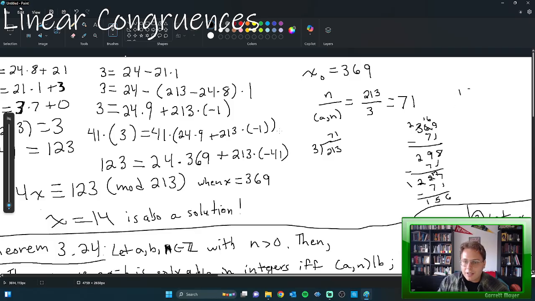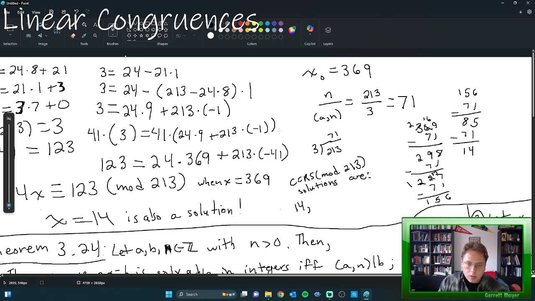And if we just keep going, subtracting this, we get 85, and 85 minus 71 will get us to 14. So our solutions in the CCRS mod 213 are 14, 85, and 156.